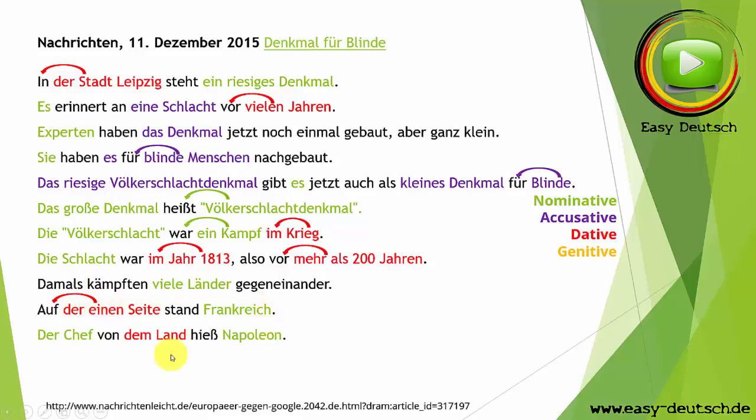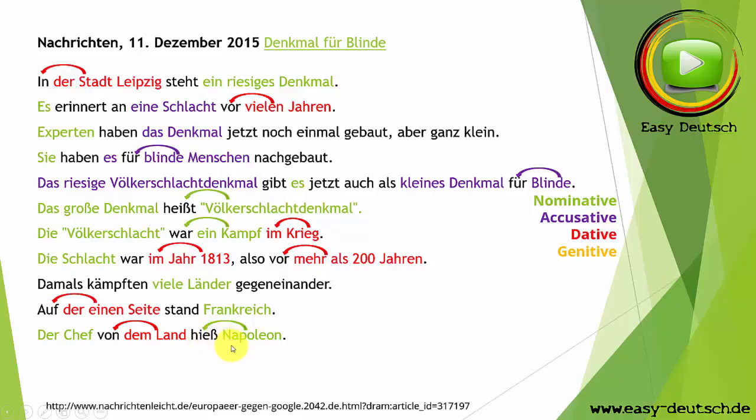Der Chef von dem Land hieß Napoleon. So the boss of the country was called Napoleon. Der Chef is the subject. So nominative case. Von dem Land. Von, the preposition requires dative case always. So dem Land. And Napoleon is nominative again because we have again heißen that requires, like to be, sein, always the nominative case.